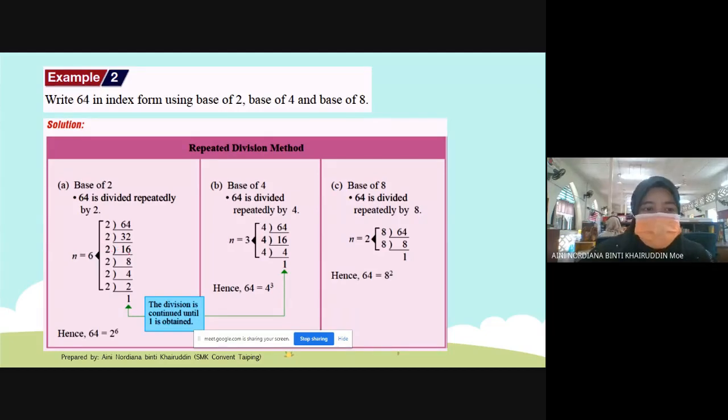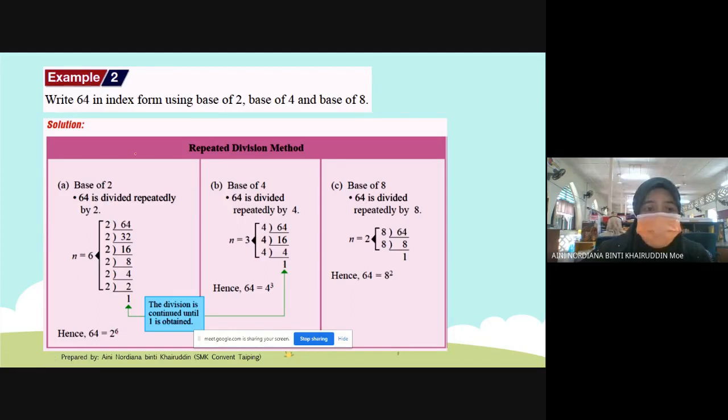Like that. 16 divided by 2, 8. 8 divided by 2, 4. Until you get the last, 1. So the answer is 2 to the power of 6. You can count here, 6 times, so 2 to the power of 6.